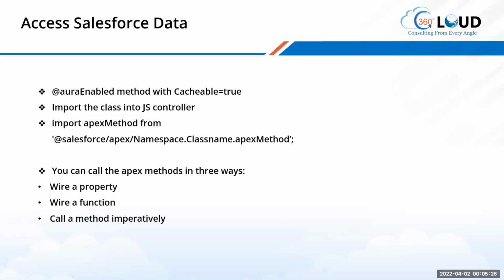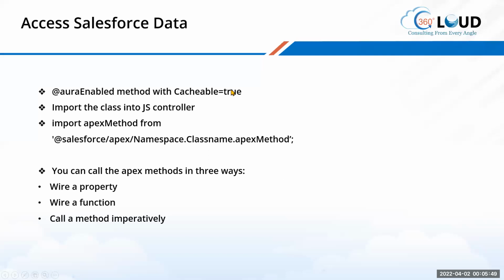And if we want to call a particular Apex method inside our component, for the class method we have to use the @AuraEnabled annotation with cacheable=true.